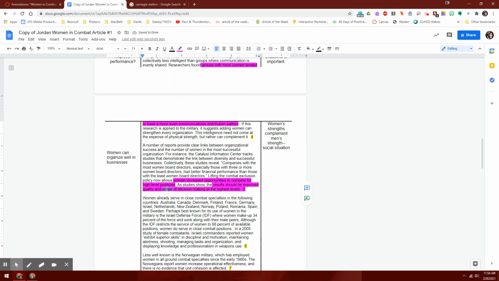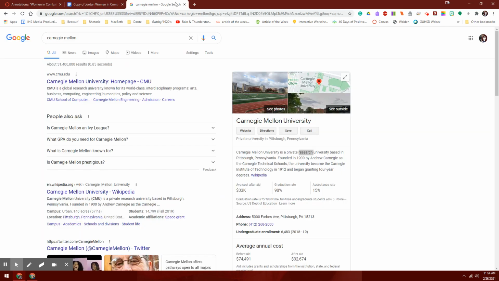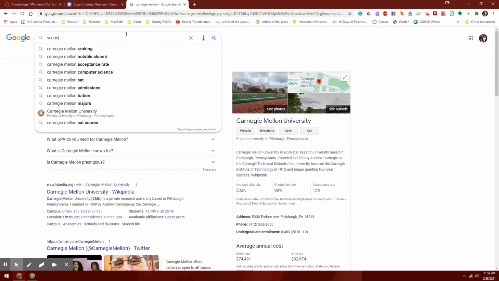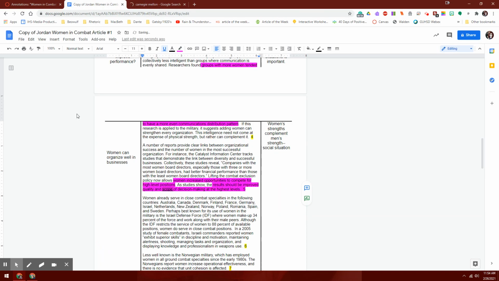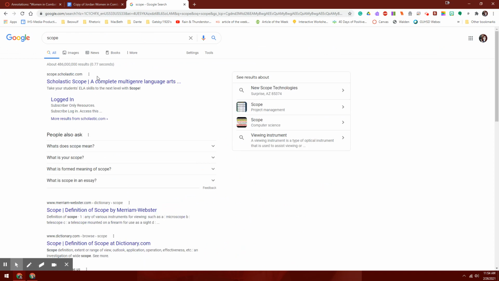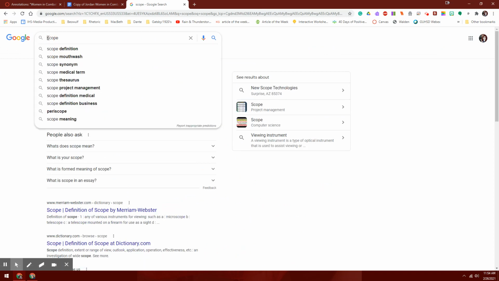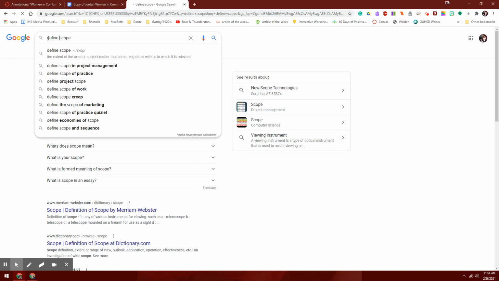and scope. So let's look at scope, because this is kind of an interesting word. So it's looking at the quality, so how much they do well, but scope is also looking at, let's see here. Oh, let me put in my define scope. That would help.